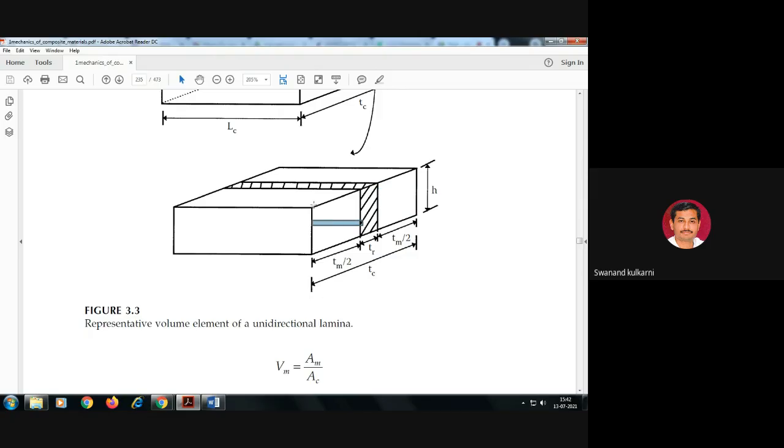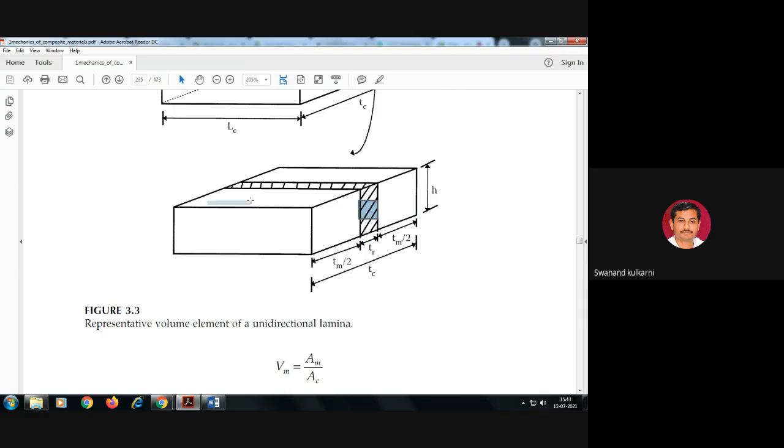So this particular region is matrix, this region is matrix, and the middle region is reinforcement. So the representative volume element of the composite consists of matrix and reinforcement. Is it okay?